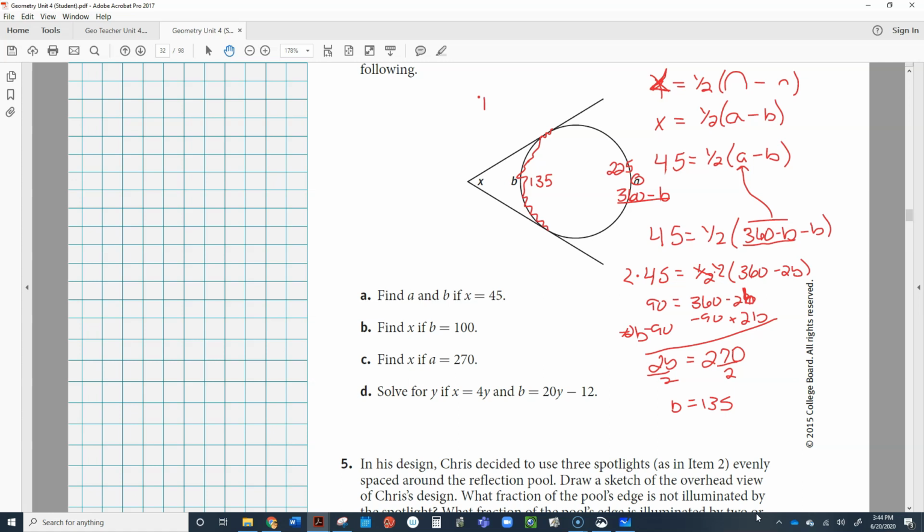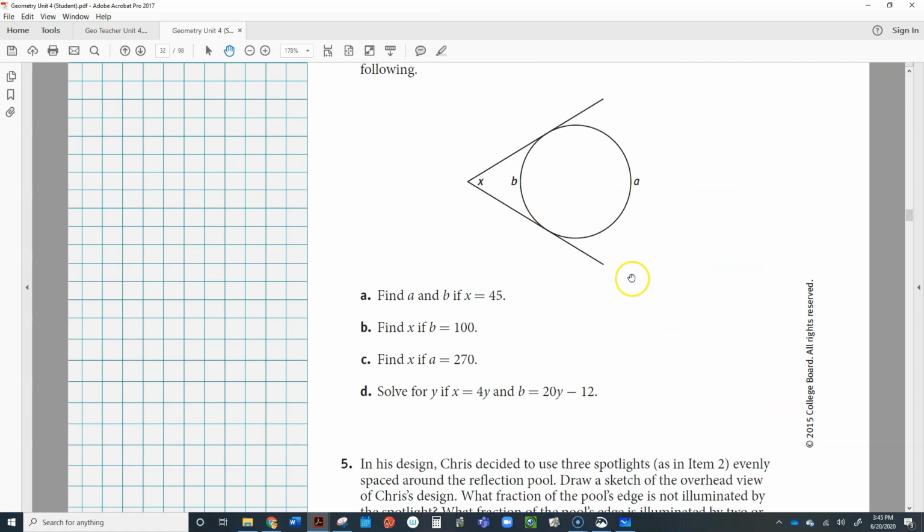How they wanted you to work the problem, let me erase all of this really quickly. The way they intended was to draw the points of tangency, which is perfectly okay.